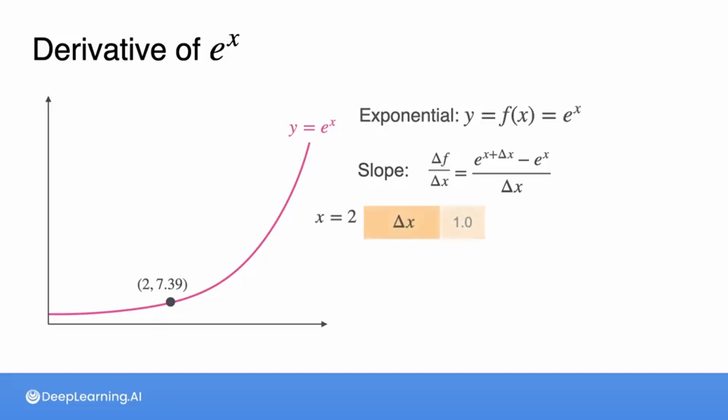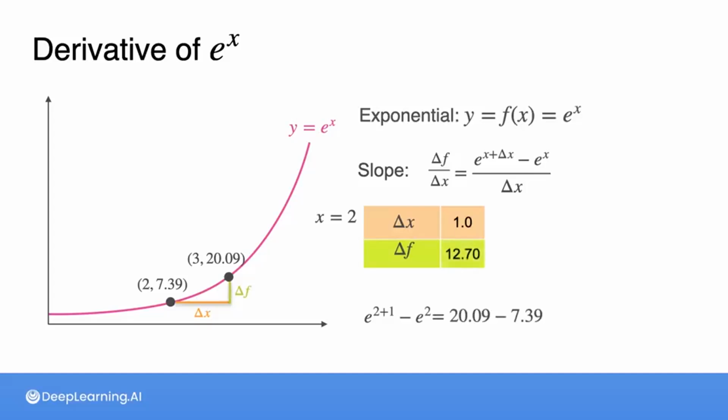Now let's take some intervals and calculate the slopes of these secants. So for example, if we move to the right 1 unit, then delta x is 1, and delta f is just going to be e to the 3 minus e to the 2, and that's exactly 12.7. So the slope is 12.7 divided by 1, which is 12.7.